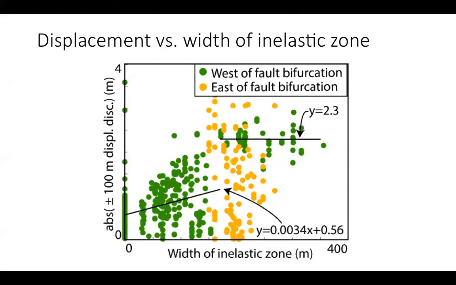And then for some time, the width of the inelastic zone grows with the amount of displacement. Now, we reach a particular threshold here of about 2 to 3 meters of slip, at which the inelastic zone continues to grow or widen without localizing any more slip to the fault trace.